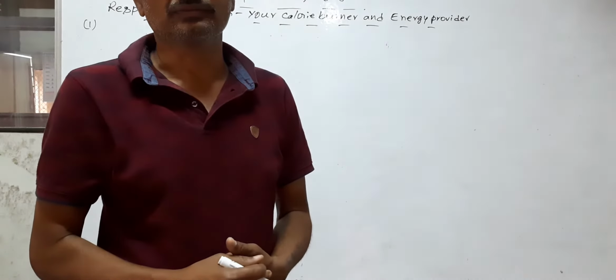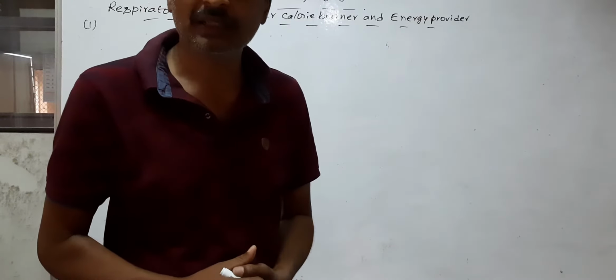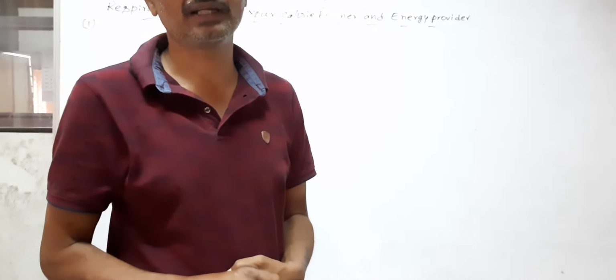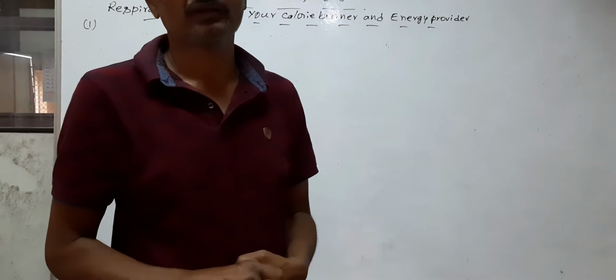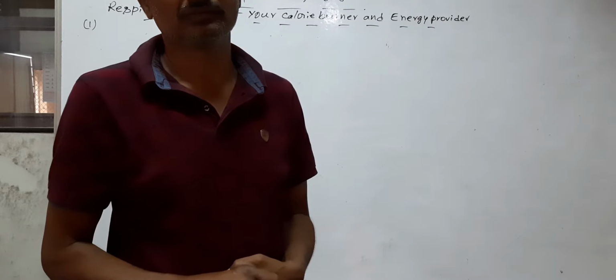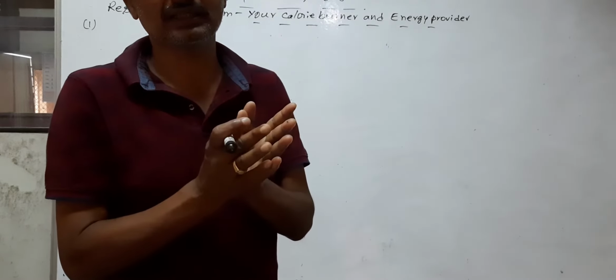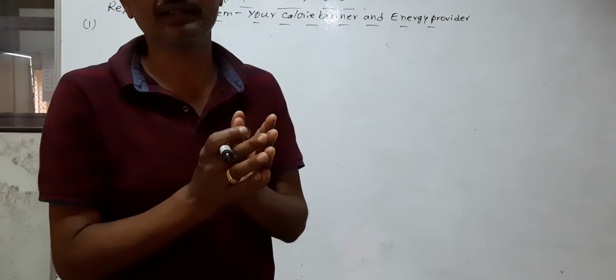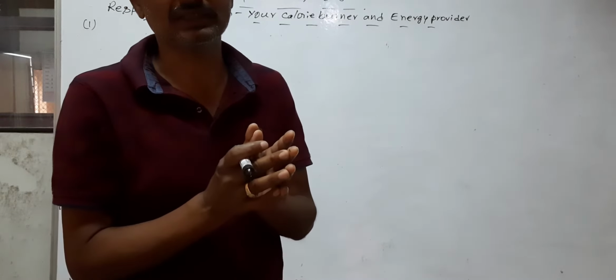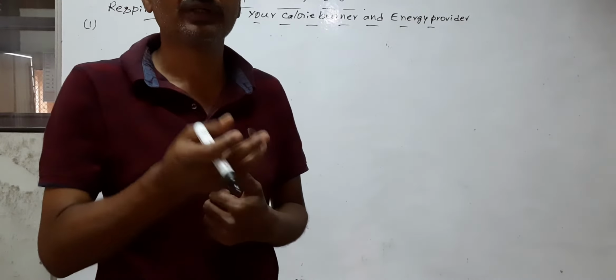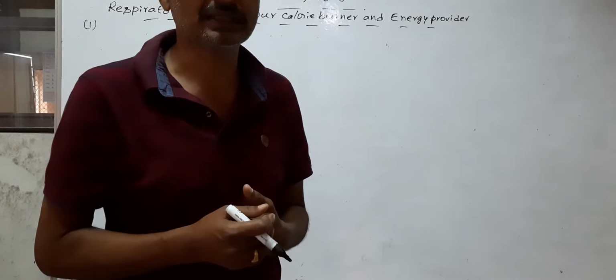Respiratory system or respiration is a catabolic process. Metabolism has two processes, catabolic process and anabolic process. Respiration is the example of catabolic processes.